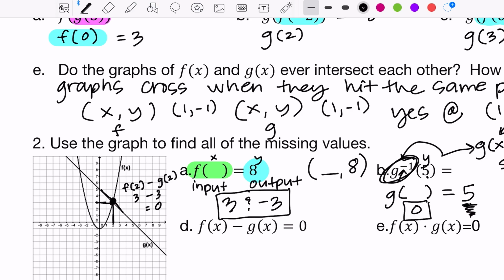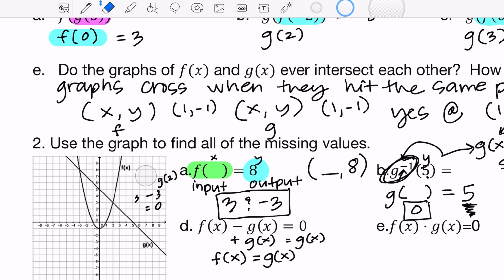Alrighty, let's go ahead and look at f of x times g of x equals 0, and f of x minus g of x equals 0. So first of all, I just want to show you guys on D, if you just add g of x to the other side, this question is just asking you where do the 2 graphs equal each other. So that's basically just saying where do the 2 graphs intersect, right? And we kind of just did a problem like that. So where do the 2 graphs intersect?